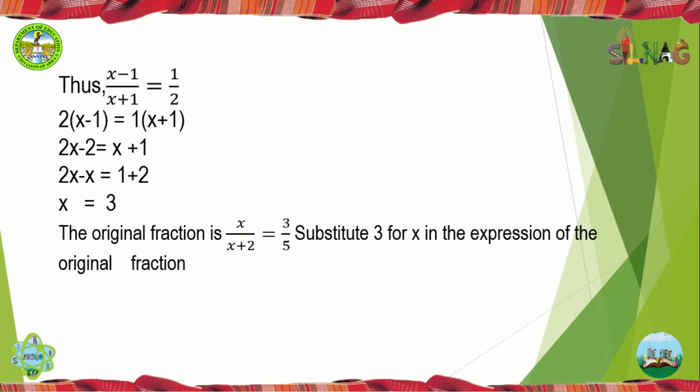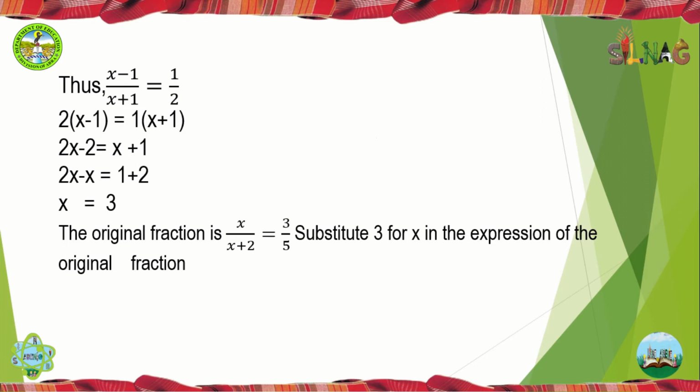So we have to cross multiply to solve for the value of x. So we have 2 times the quantity x minus 1 is equal to 1 times the quantity x plus 1. 2 times the quantity x minus 1 is equal to 2x minus 2, applying the distributive property.